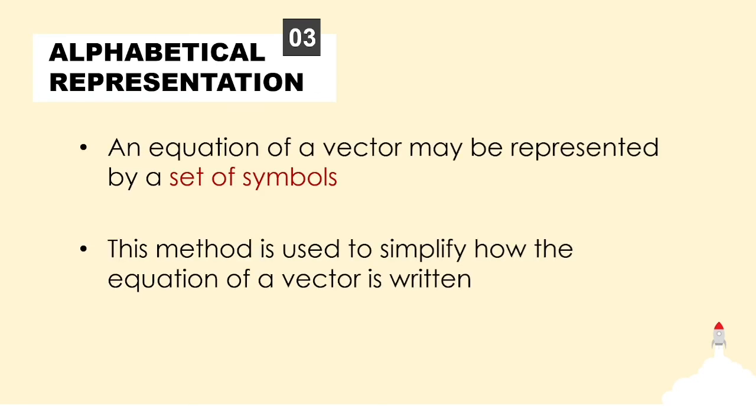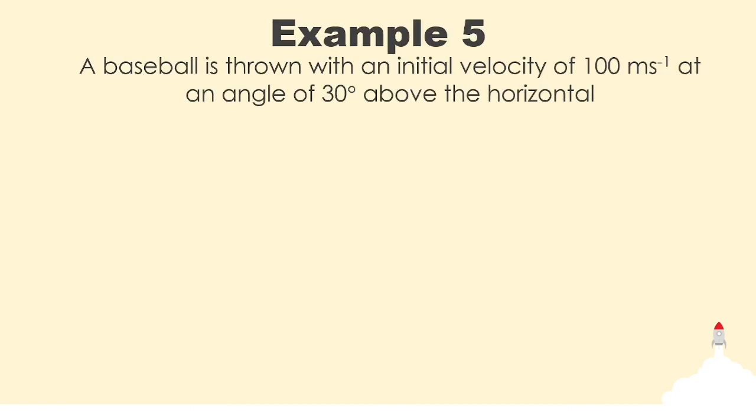Next is alphabetical representation. In this method, an equation of a vector may be represented by a set of symbols. This method is used to simplify how the equation of a vector is written. Let us try example 5 using alphabetical representation.